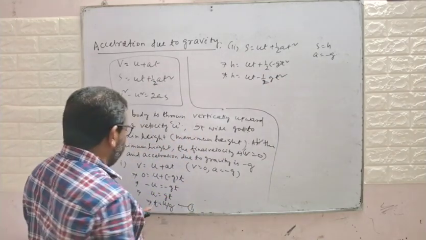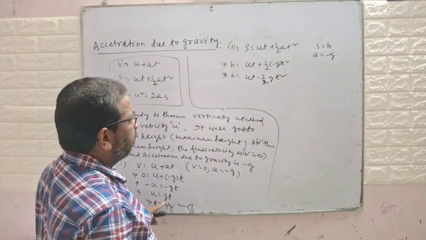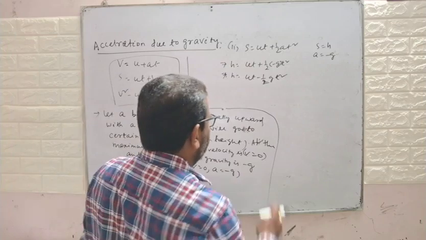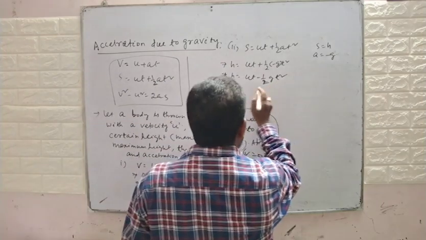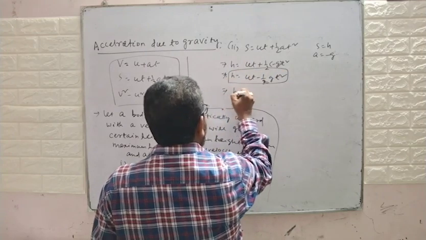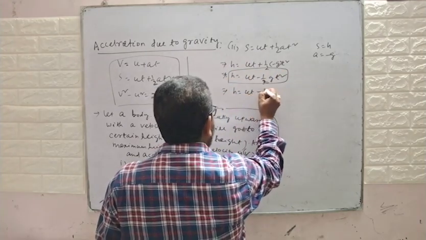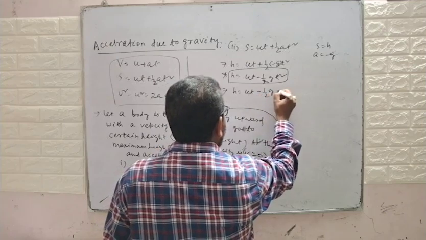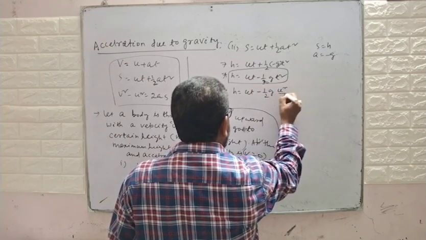From this first equation, we get t equal to u by g. If we put t equal to u by g, h equal to ut minus half gt square, where t square equal to u square by g square.